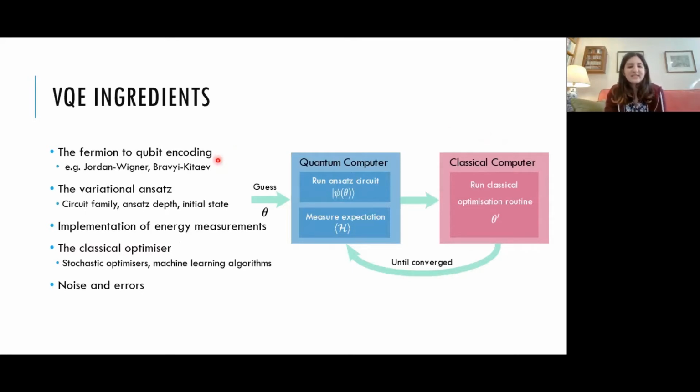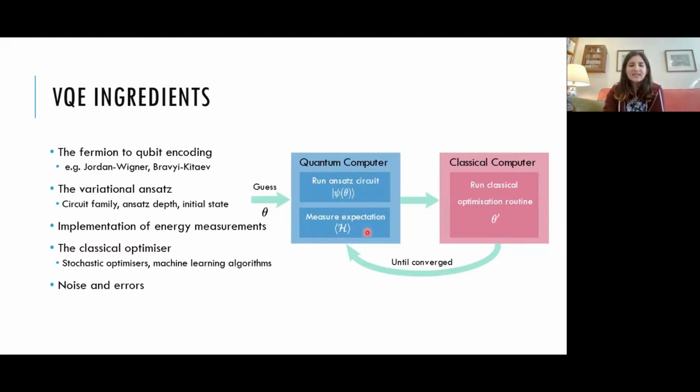The next thing is the ansatz itself. You want to choose an ansatz that parameterizes a region of the Hilbert space that contains the ground state you're looking for. This step is really key because you need to pick the right family, the right depth, the right initial state, sometimes even the right parameters.